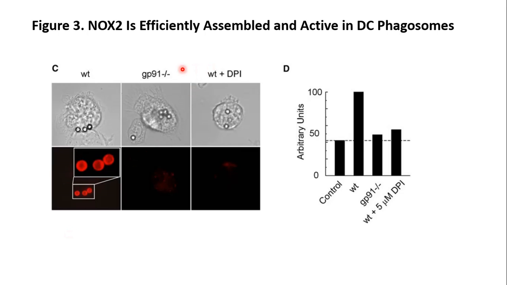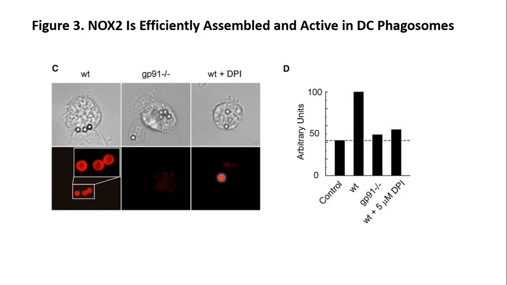So with inhibitor, and with DPI, another inhibitor that I'm going to say right now what it does, this fluorescent signal was strongly inhibited by DPI, diphenylene iodonium, a specific inhibitor of flavin-containing enzymes such as NOX2.